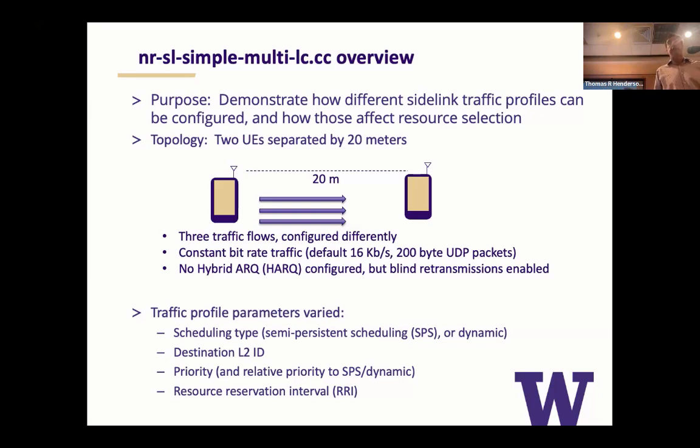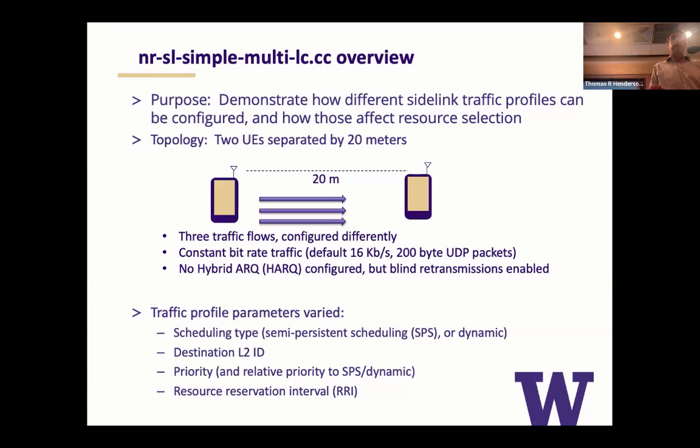But blind retransmissions are enabled, which means that for every packet that's sent, or every transport block, it can be repeated a number of times and then reassembled at the physical layer to help improve the reliability of the channel.